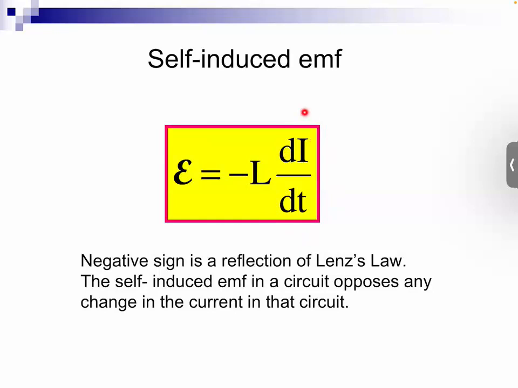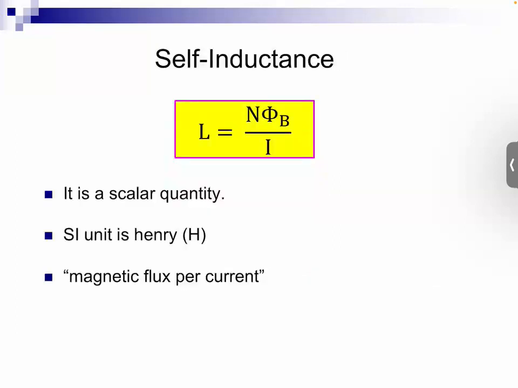So any change in the current will produce a voltage or an EMF in the coil itself. Again, the negative sign here is a consequence of Lenz's law, which says that you will induce a voltage that will oppose the change in the current in the coil. Okay. L is a property of the coil, which is called the self-inductance, right?